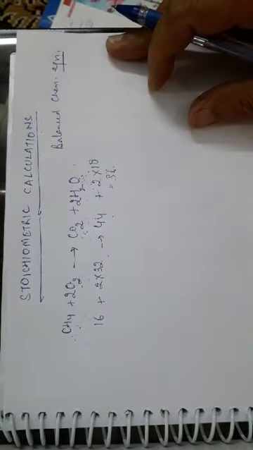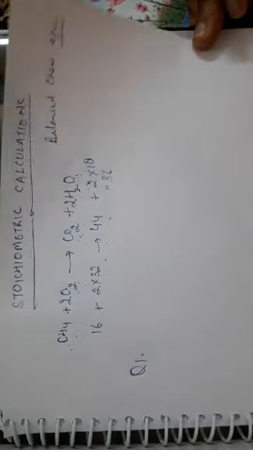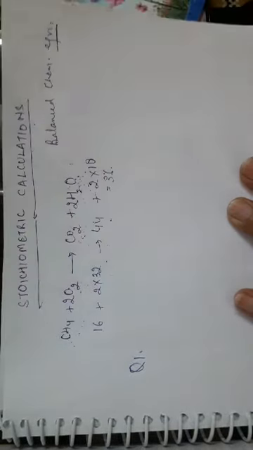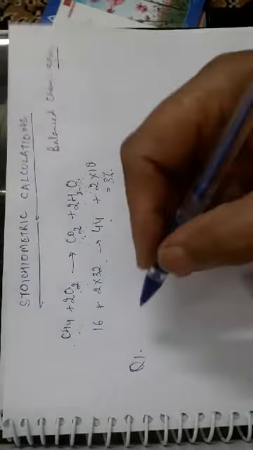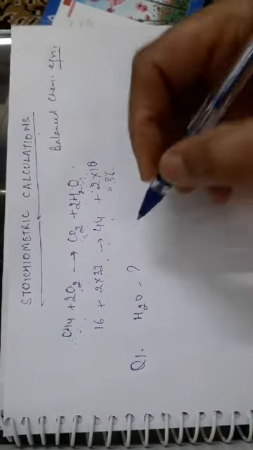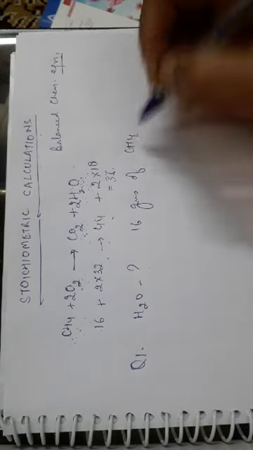We'll understand it with the help of a question. The question is, calculate the amount of water produced by combustion of 16 grams of methane.